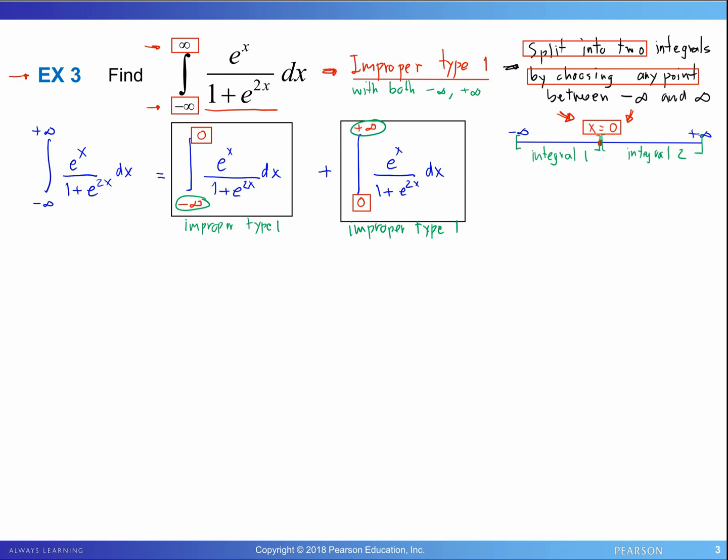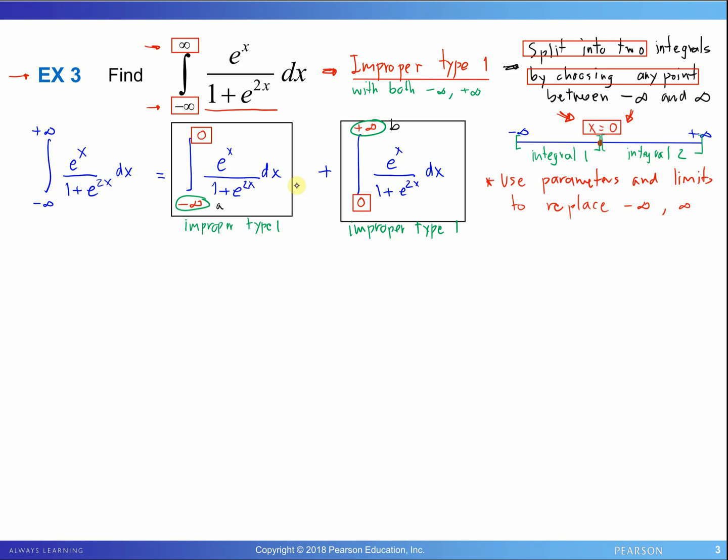And once again, we use parameters and limits to replace negative infinity and positive infinity. So let's use a right here for the first integral and b right here for the second one.